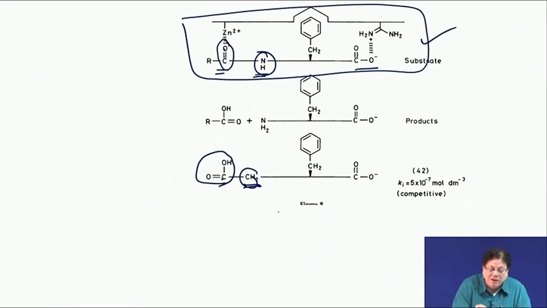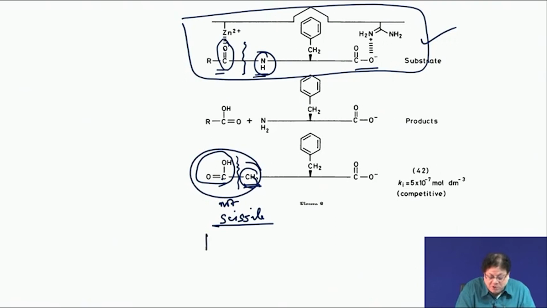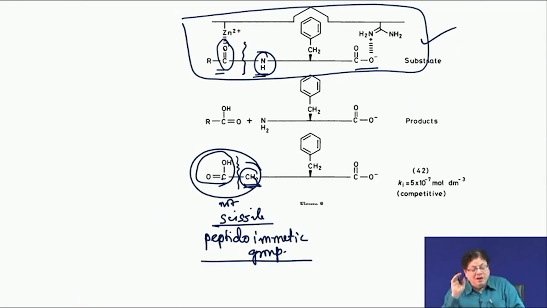First of all, this is a scissile bond, which can be broken, it is a peptide bond. But now, instead of the peptide, you have made a carbon-carbon bond which is not scissile, meaning you cannot break this. This is what is called a peptidomimetic group. It is used just to stop the hydrolysis.